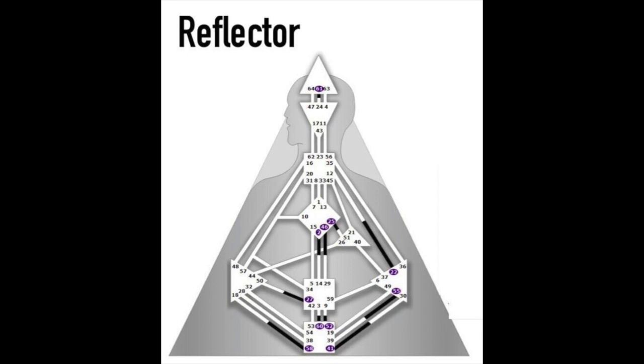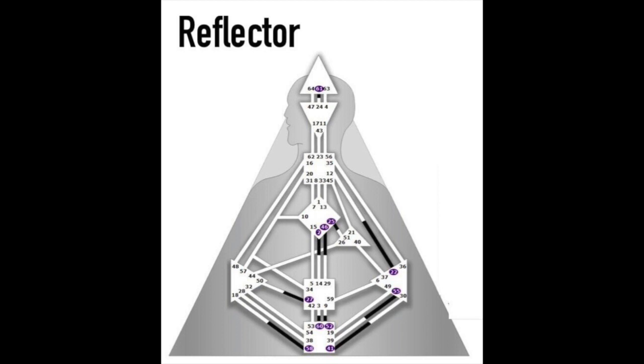Now, this type is the most rare, making up only 1% of the population. So it's probably possible that you don't personally know a reflector in your life. But the reflectors do serve an important part of society nevertheless. Reflectors are the easiest to see when you look at a chart because there is nothing colored in. So it's all white, or it's all open or undefined.